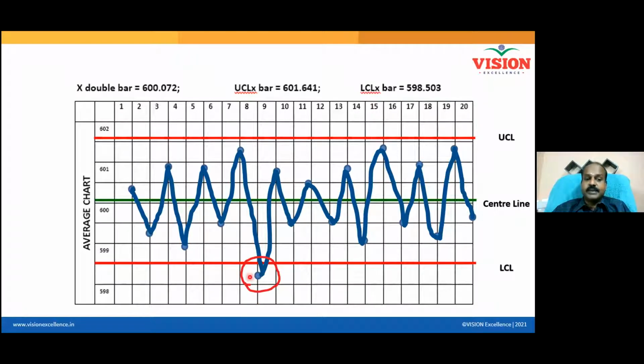We collected subgroup number 8 on day number 2, shift number 4, isn't it? We go to the day 2, shift number 4 output, and study whether every output is proper or not. And we will also investigate further to understand why this output came on day 2, shift number 4, subgroup number 8.